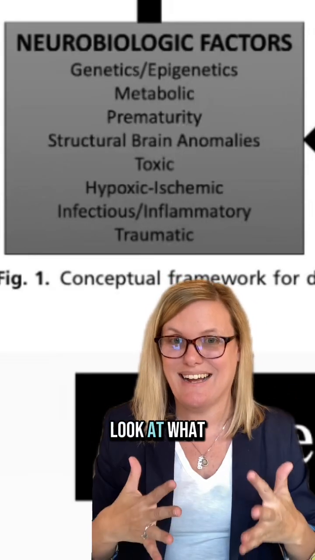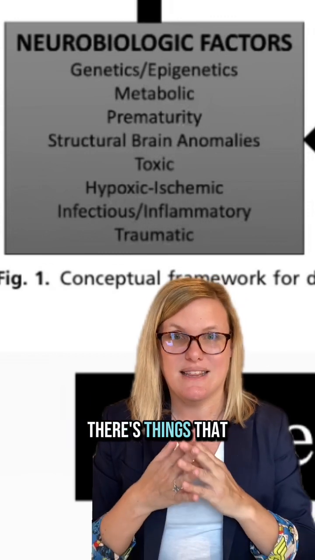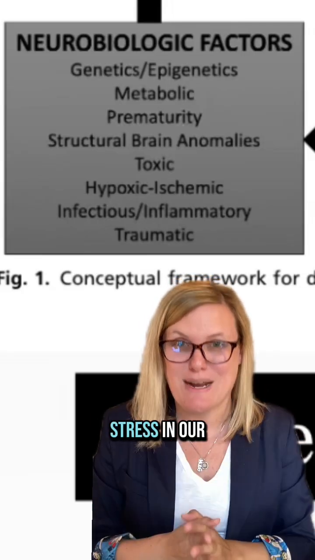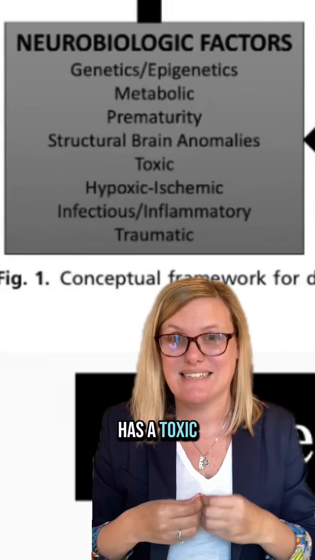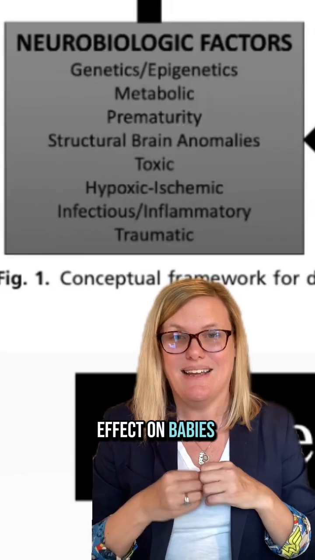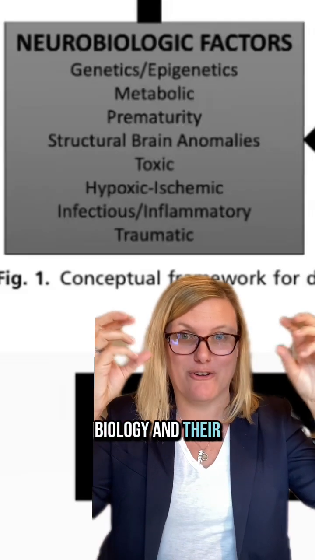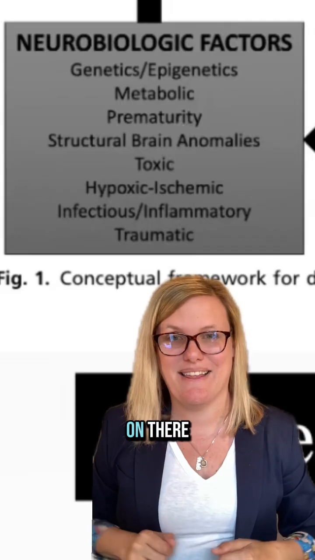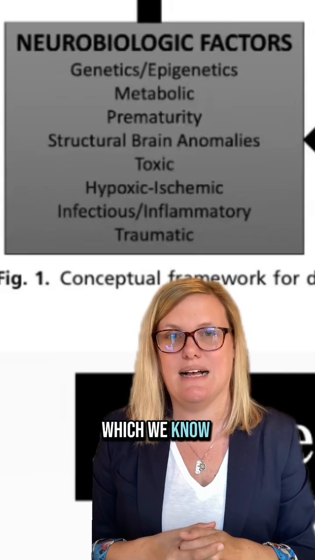So if you look at what the environmental impact is, and people are like, we don't know, there's things that we can all agree on, that stress in our society and around the world has a toxic effect on babies. And impacts their biology and their neurology as they grow.